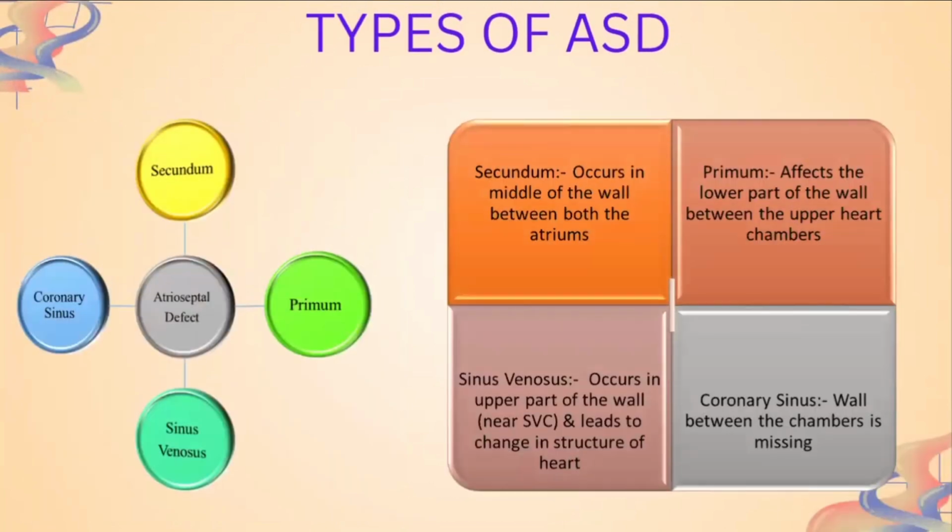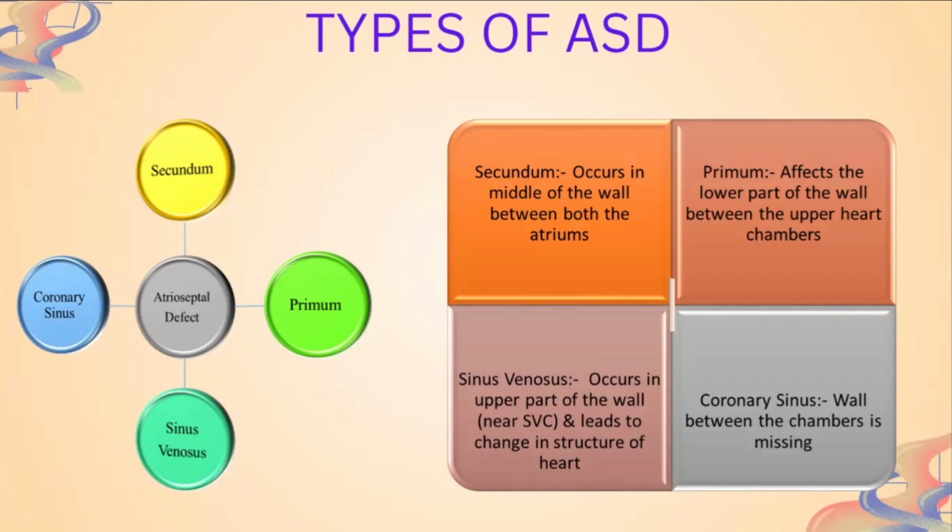Now, what are the types of ASD? Mainly, ASD or atrial septal defect is divided into four types: secundum, primum, sinus venosus, and coronary sinus. Secundum involves the hole present in the middle of the wall between both the atriums.